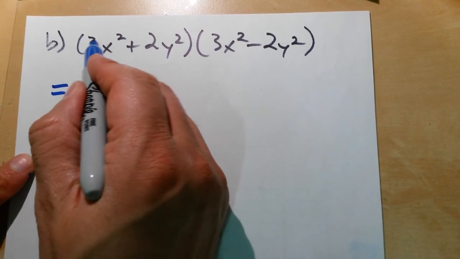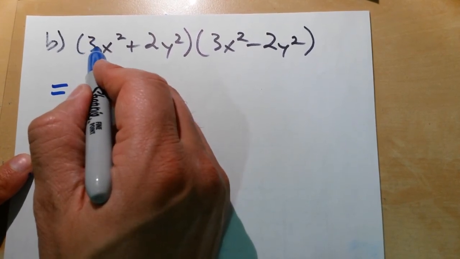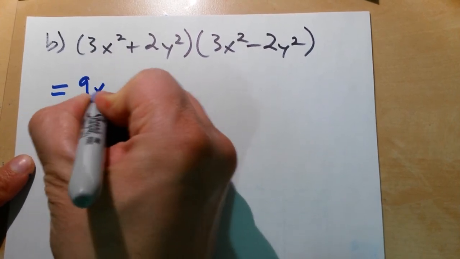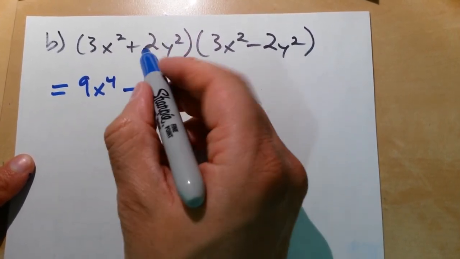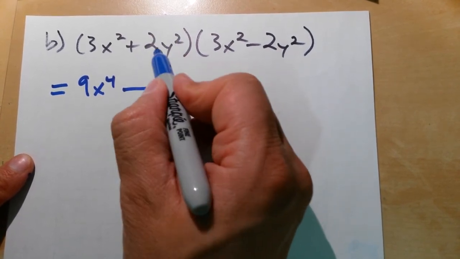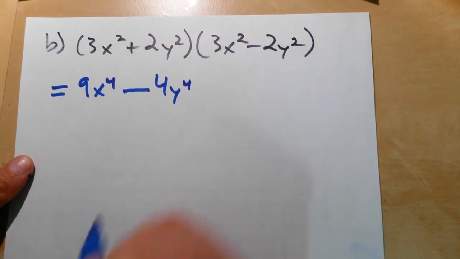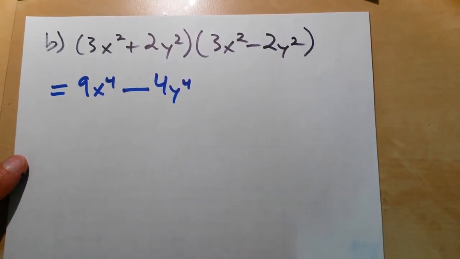A squared. So what's a squared equal to? 3 times 3, 9. Well, our a value is 3x squared, so when you square this it gives us 9x to the 4th minus, because it's a difference of squares, b squared. So a squared minus b squared. This is 4y to the power of 4.